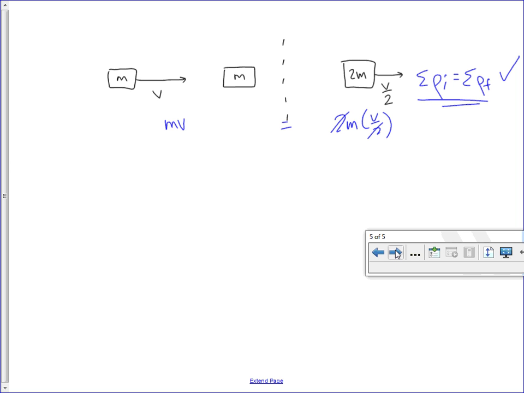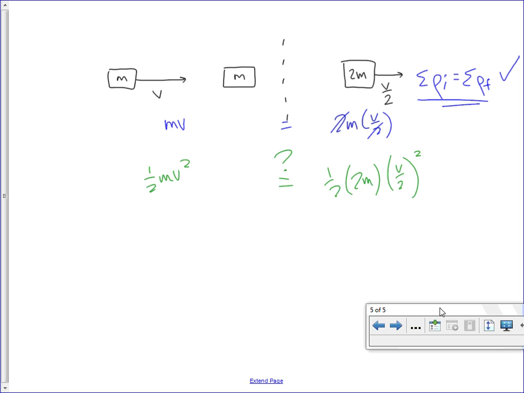What about kinetic energy? Well, in the beginning, the kinetic energy is 1/2 mv squared. In the end, it's 1/2 of now 2m, and the speed is v over 2, squared. That works out to mv squared over 4.